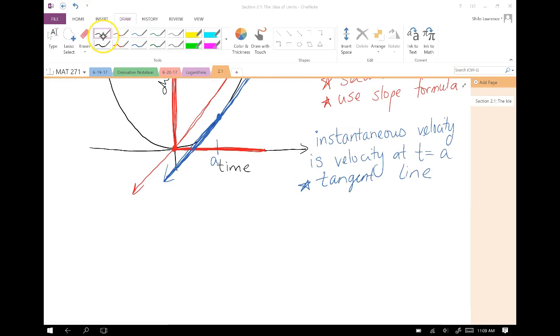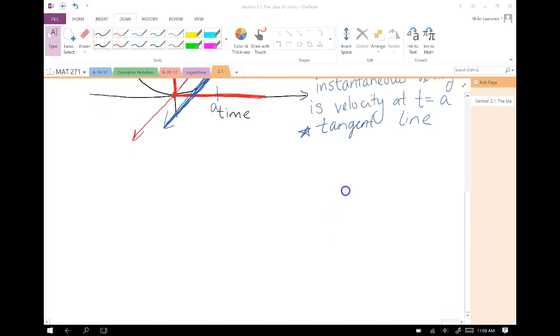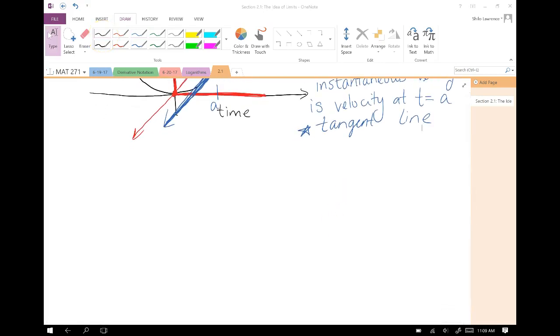So I'm going to draw a new graph and I'm going to make a little chart to show you exactly how we're going to do this. And our progression through the chart is actually how we do limits. It's one of our techniques for doing limits. So I'm going to blow up just the piece that we're interested in. We're going to try to figure out, so this is going to be our example.